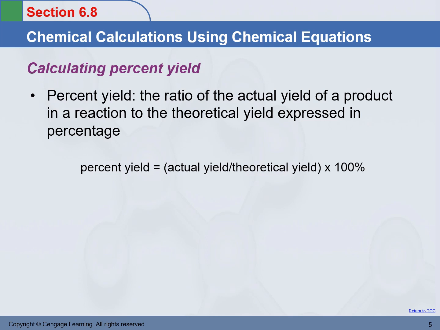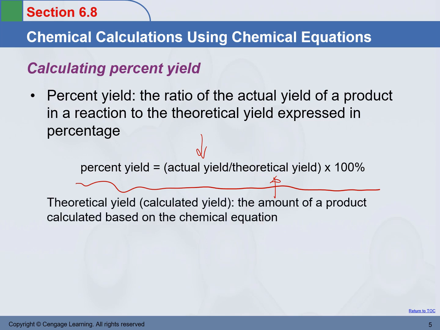Now we come to the final topic of this chapter, the percent yield. The percent yield is the ratio of the actual yield of a product to the theoretical yield. So this is the formula for how you get the percent yield. However, what is actual yield? What is theoretical yield?